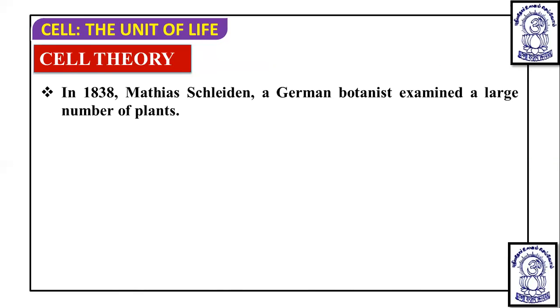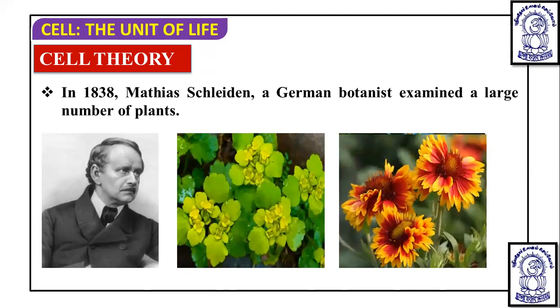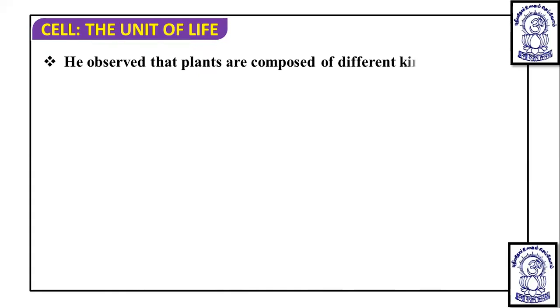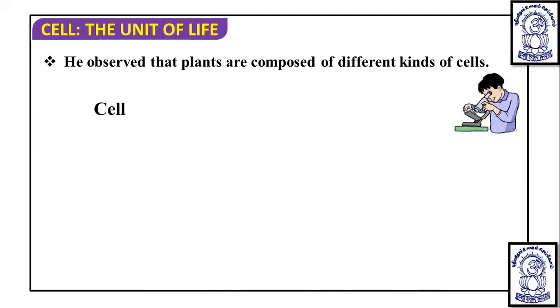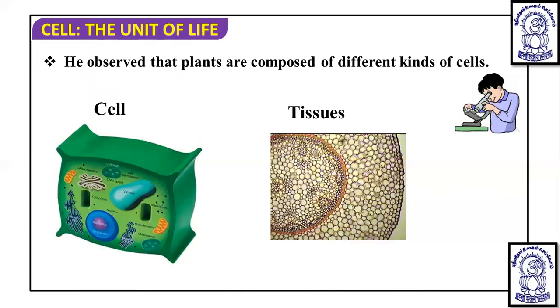He was a German botanist and he examined a large number of cells, mainly plant cells, not animal cells. He observed that plants are made up of different types of cells. And he observed that the cells form a tissue.